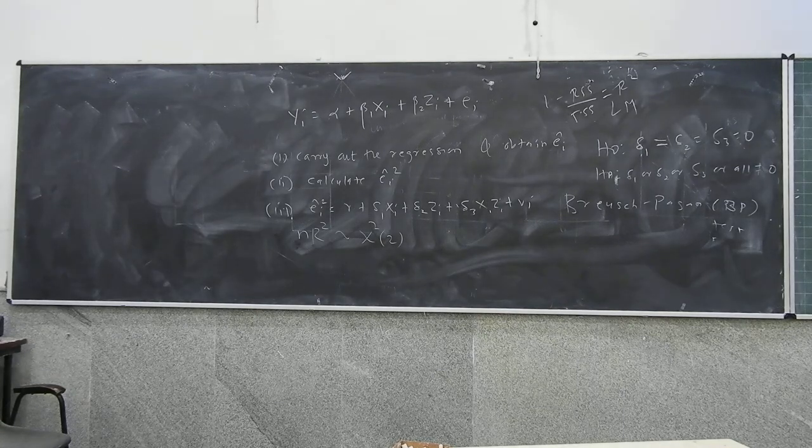This is called White's test for heteroscedasticity, after an econometrician named White.